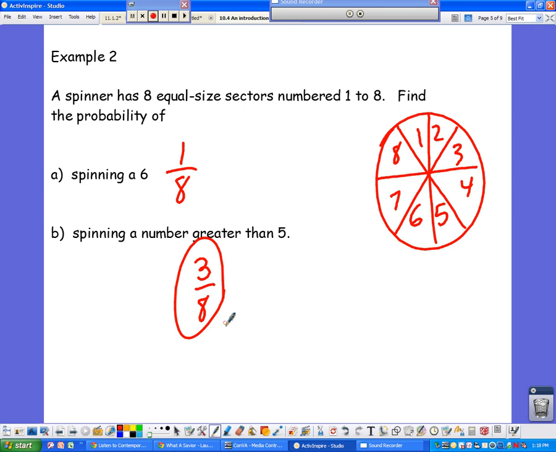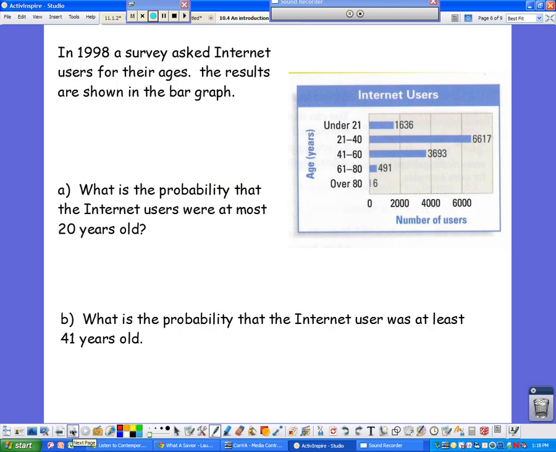Okay? Now, there are some called experimental probabilities, and that's basically if we give you a variety of information, say in the form of a bar graph. So this is in 1998, a survey asked internet users for their ages. The results are shown in the bar graph. What's the probability that the internet users were at most 20 years old?